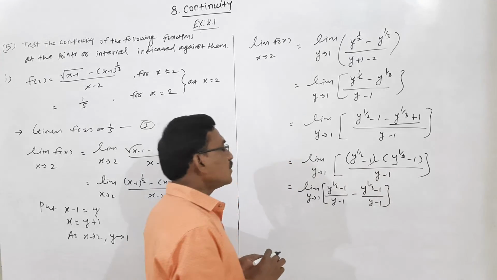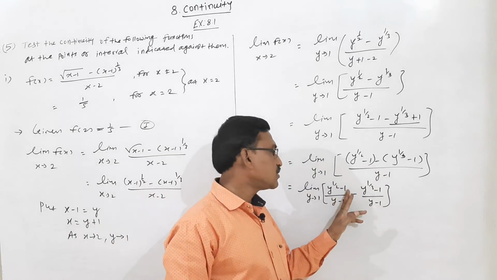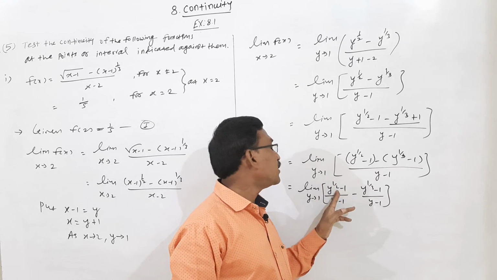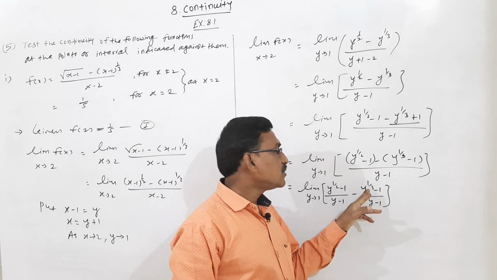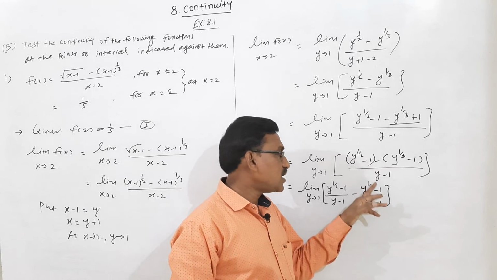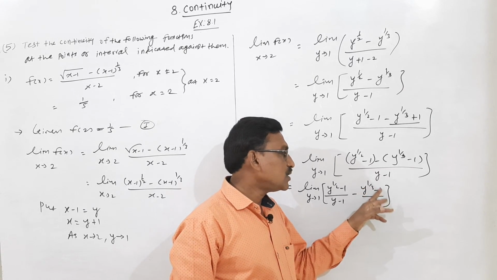Here we write the power of 1 as 1 by 2, because the power of y is 1 by 2, and here the power of y is 1 by 3, so we adjust the power of 1 as 1 by 3.